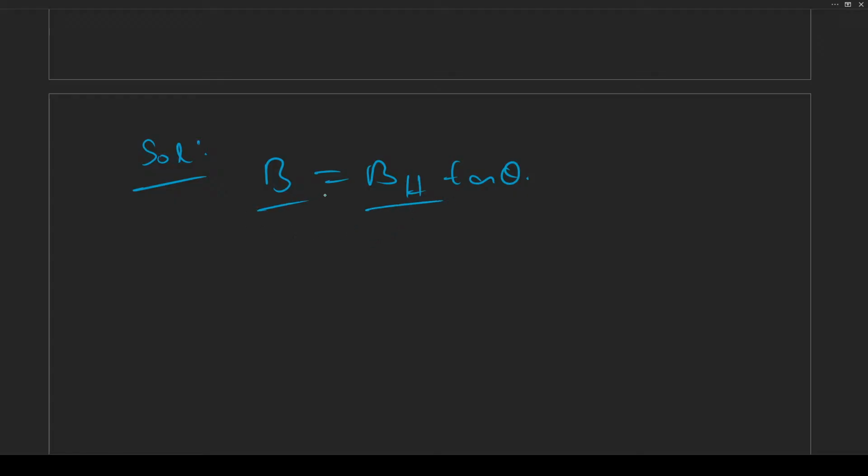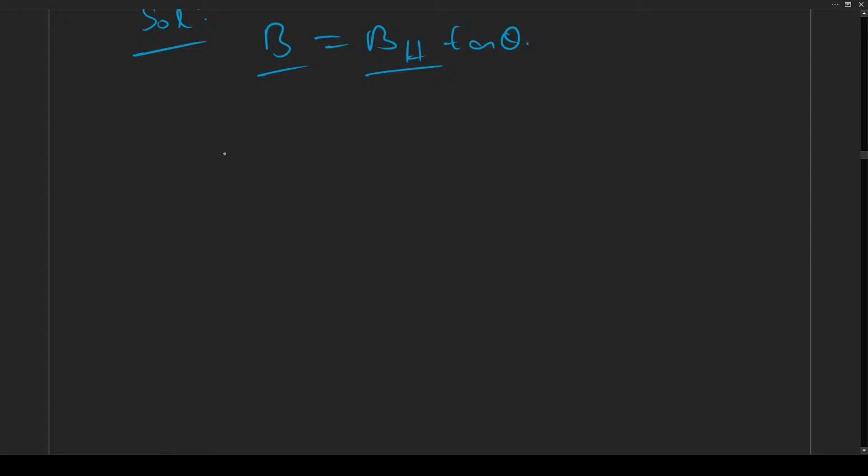This is the total magnetic field. We know the total magnetic field at the center is equal to mu naught I by 2r, mu naught Ni by 2r. This is the magnetic field due to the coil.